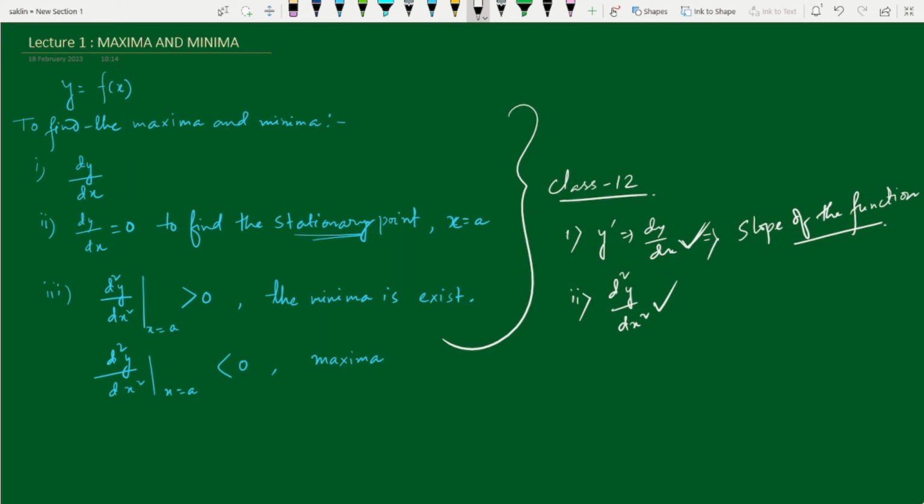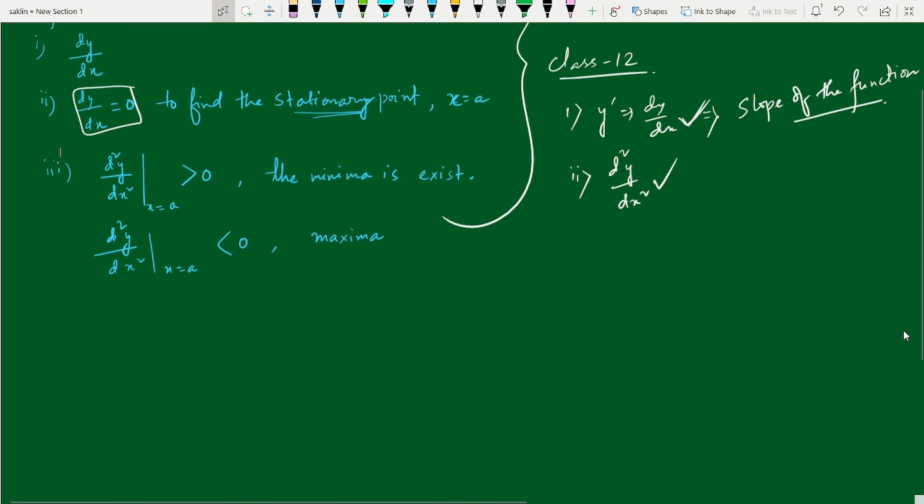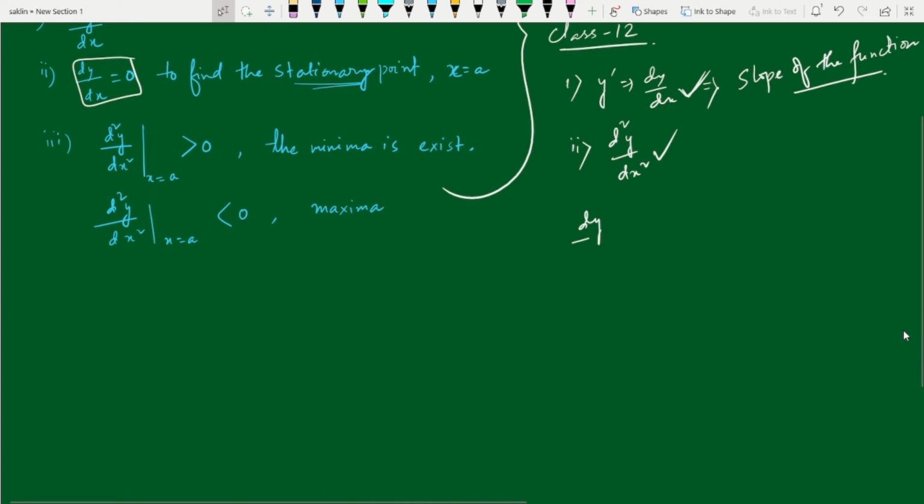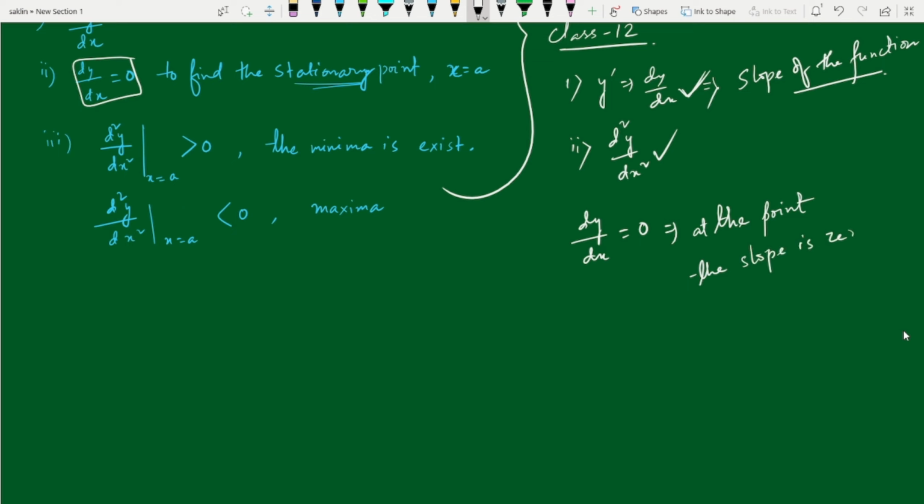To find the maximum and minima, we do dy by dx equals 0, that means the stationary point. dy by dx equals 0 means that at the point the slope is 0. Yes, let's take an example.